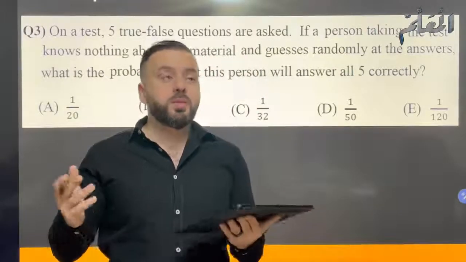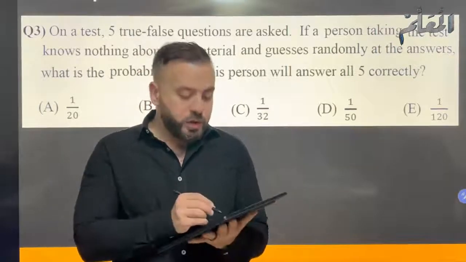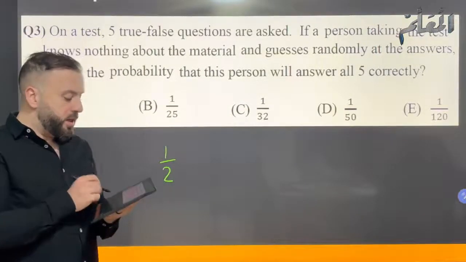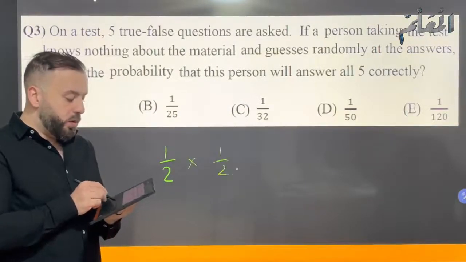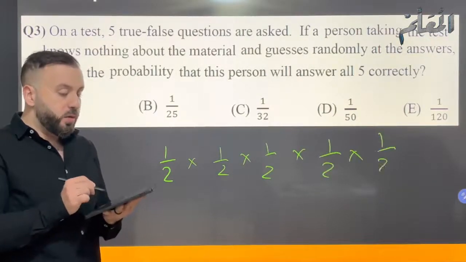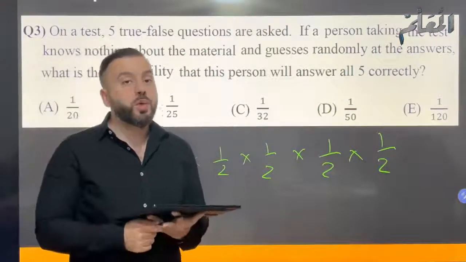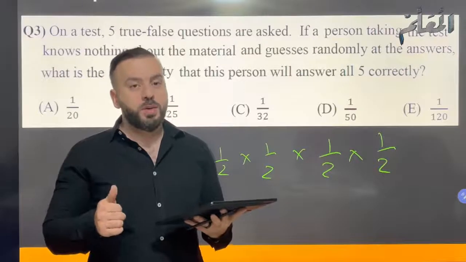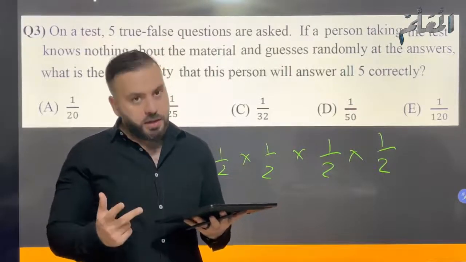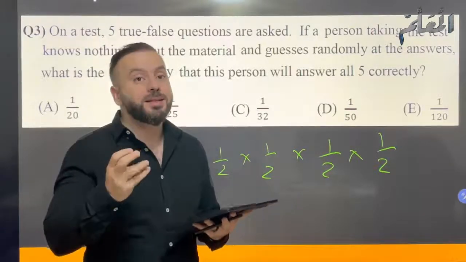So if I want to write the probability of getting all of them correct, the first question is 1/2, the second question is 1/2, the third is 1/2, the fourth is 1/2, the fifth is 1/2. But mister, why are you putting multiplication? Check this. The first one true and the second one true and the third one true and the fourth one true and the fifth one true, and means multiply.